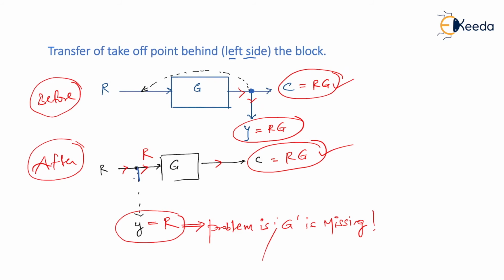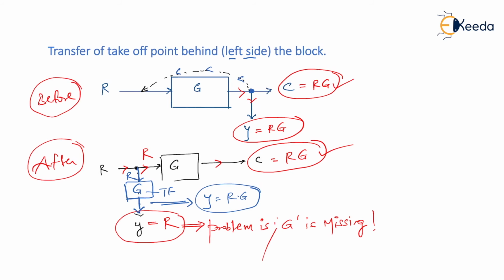So we add an extra block as G, and if we do so, as you can see, now input is R, transfer function is G, then output will be equal to R into G. Then Y will be equal to R into G. Now I would say the problem is solved. The problem gets solved only when you add an extra block having transfer function same as that of the block behind which you are trying to shift.